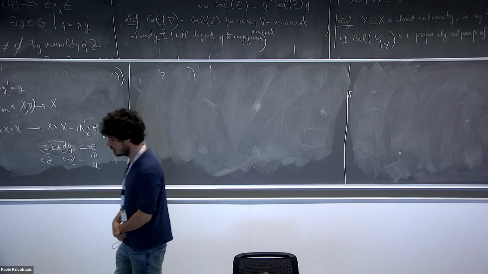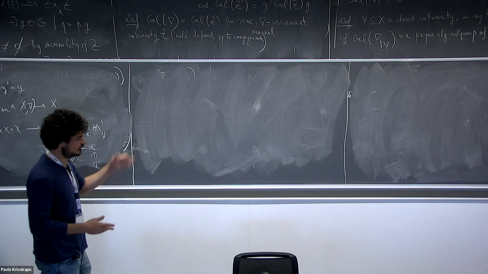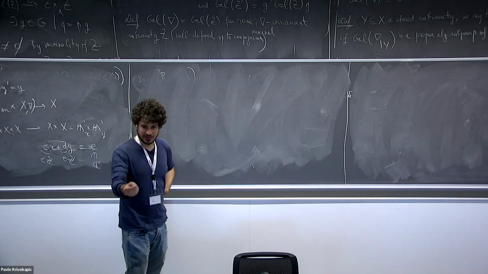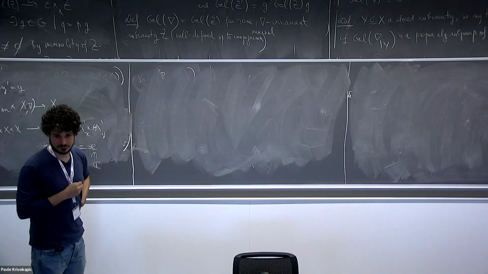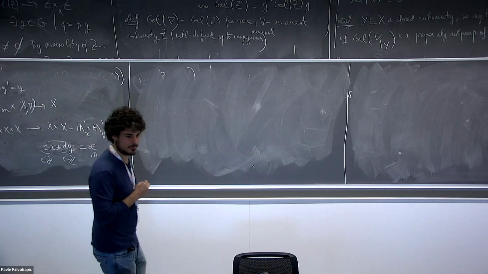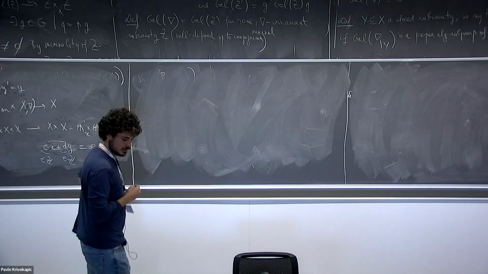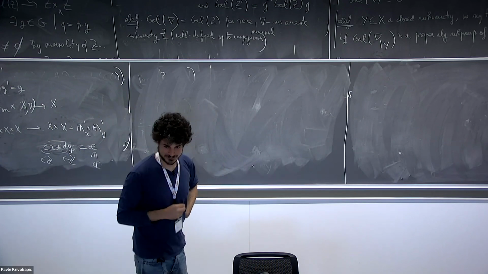It doesn't have such a nice structure. Okay, so you start with any connection, you take a map to X, you pull back the connection, and then the fibers are delta special. Yeah, this is related to one of the exercises where the fibers are finite. Okay.